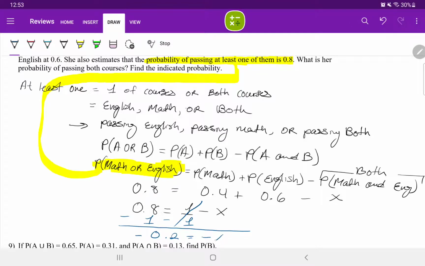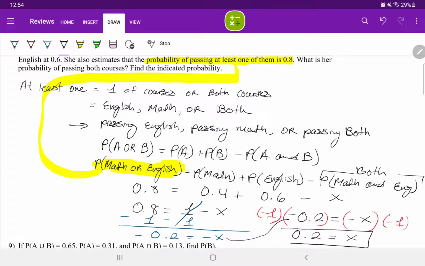We want to have X as positive. To get rid of that negative sign, let's just multiply both sides by negative 1. Negative 1 times negative 0.2 is 0.2. Negative X times negative 1 is positive X. The probability of passing both is 0.2.